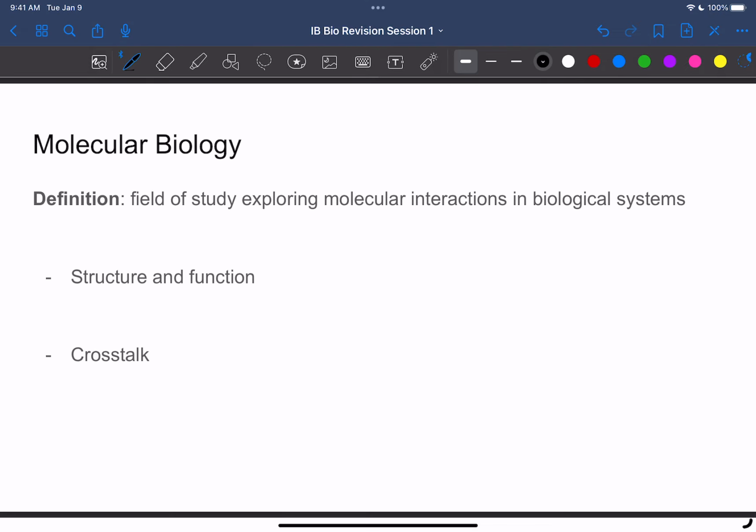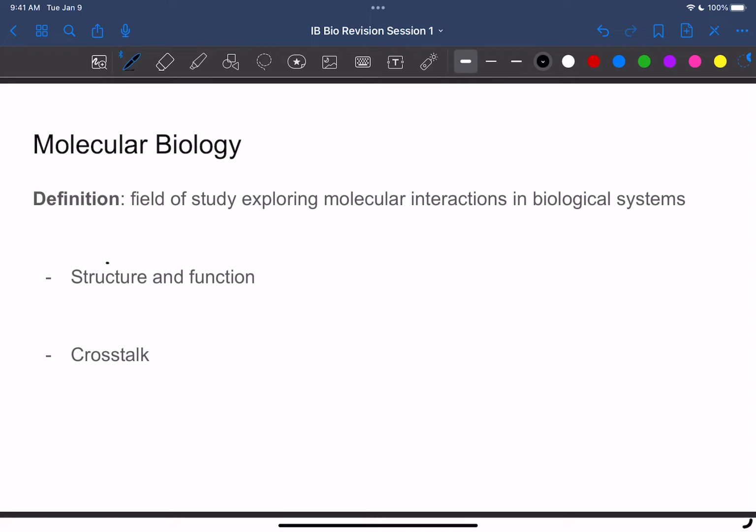Okay, so just a quick general overview. Molecular biology is a field of study exploring molecular interactions in biological systems. So basically all of the chemistry that goes down in your body, an organism, literally anything in biology. The main things that we look at are structure and function.